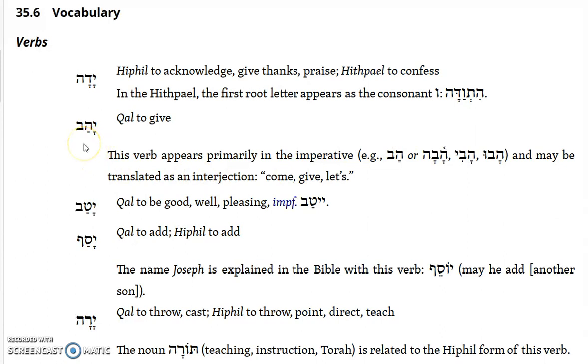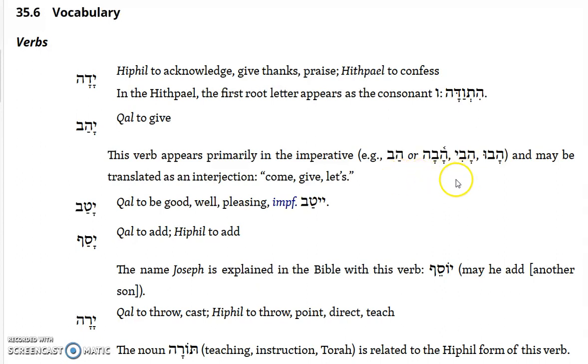With Yahav, that means to give. It occurs most often as an imperative, Hav or Hava. Maybe you're familiar with the Jewish folk song, Hava Nagila, which means literally, come, let us be glad.